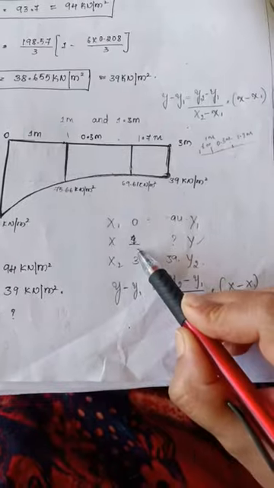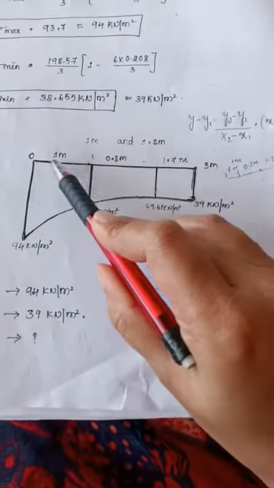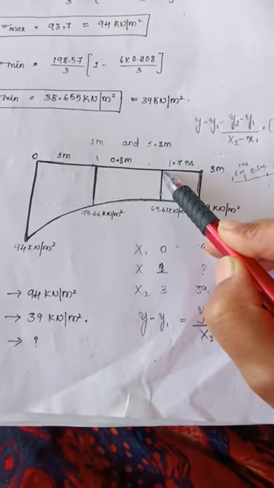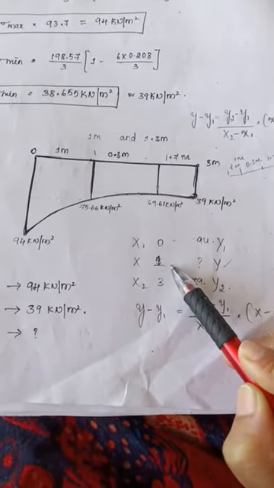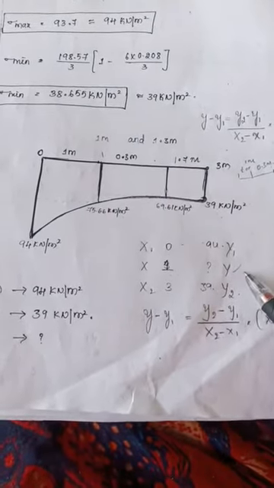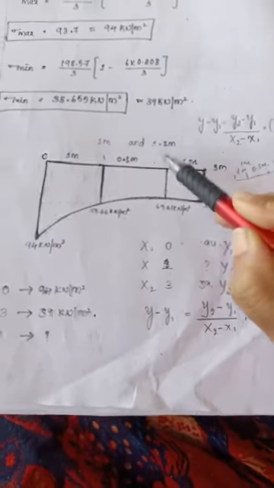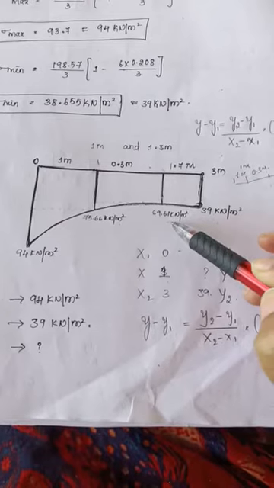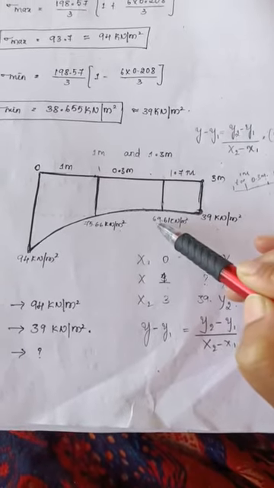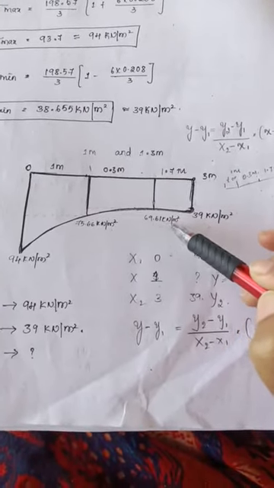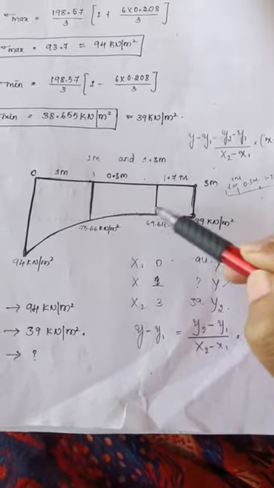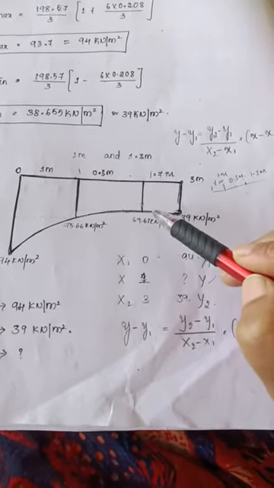Then, in place of 1 meter, we consider 1.3 meter. Once again we use the interpolation method. For 1.3 meter, the upward pressure we get is 69.61 kilonewton per meter square.